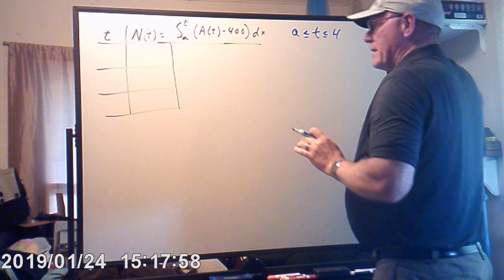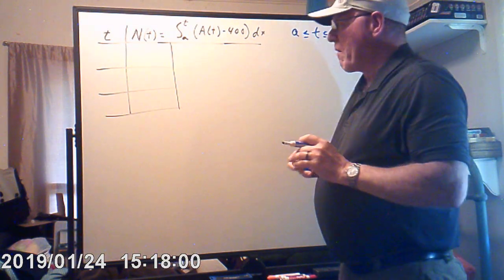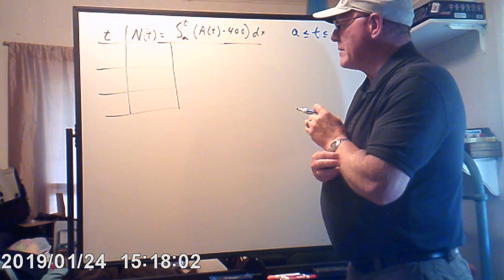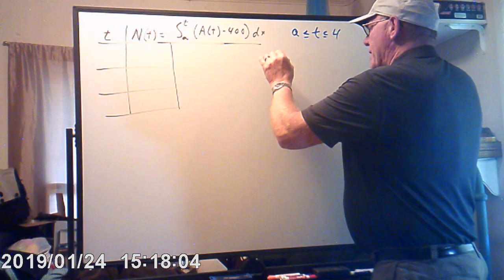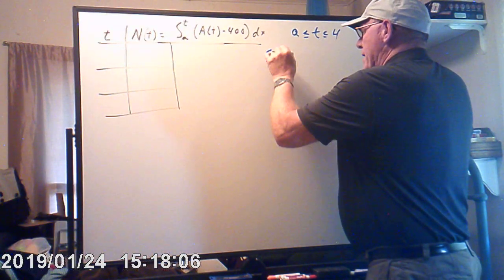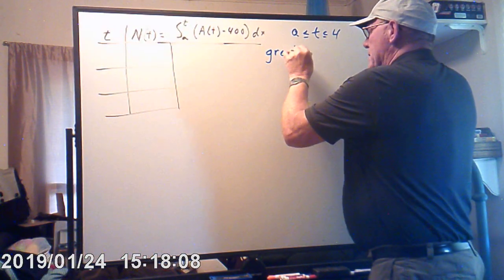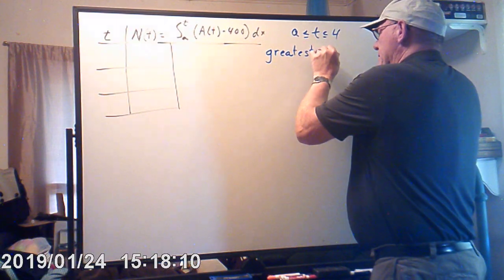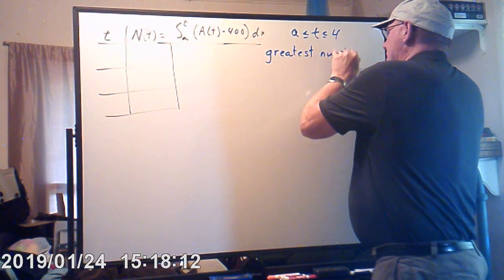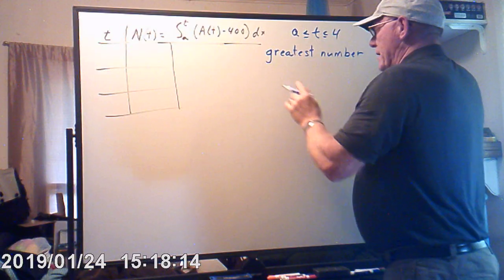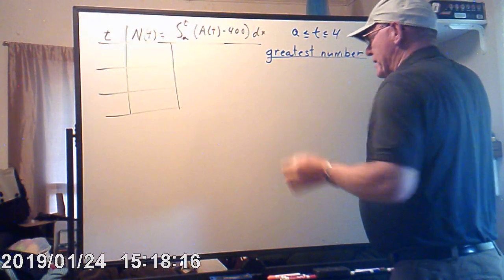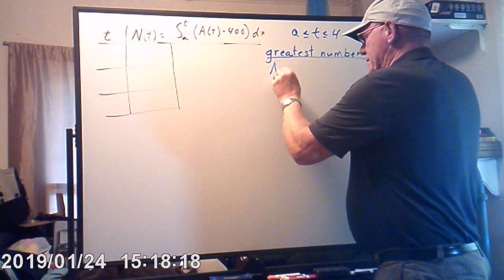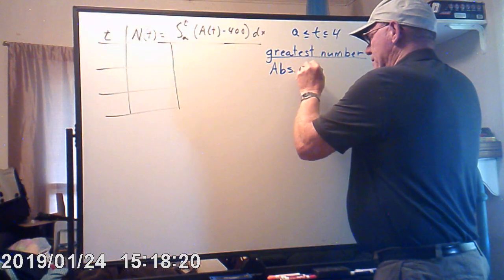Let's see now, what do I need to do? And then it says greatest number. So greatest number. What we're looking at is an absolute maximum.